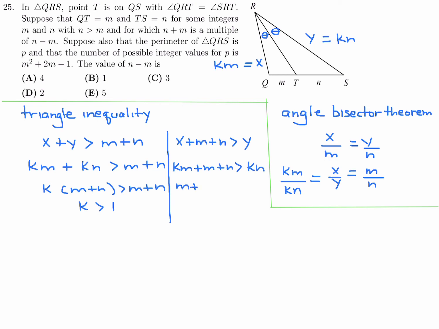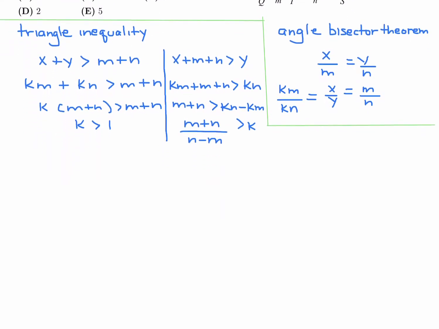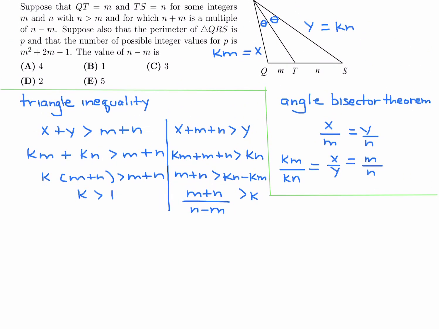So this becomes m plus n is greater than kn minus km, and I can factor out a k, and when I do, it will be n minus m, and I'll just bring that into the denominator. So k is greater than m plus n over n minus m. All right, so that's pretty decent, I think.